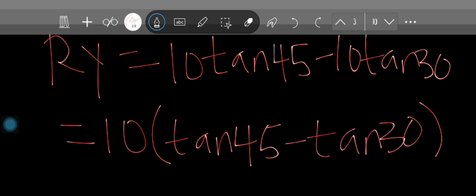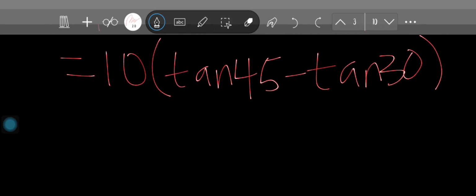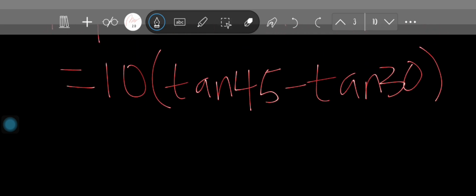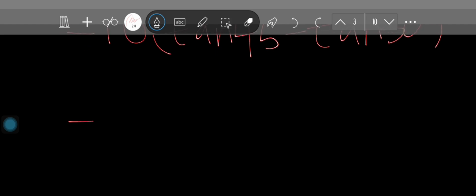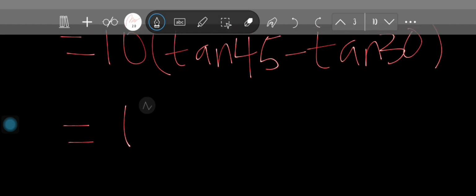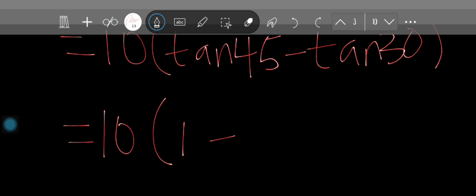There's a special triangle that we make use of. I won't be showing that here. I will just write what tan 45 is and what tan 30 is. If you want me to talk about how the special triangle works, let me know in the comment section. So we have 10 into bracket tan 45 is 1, then tan 30 is 1 over root 3.